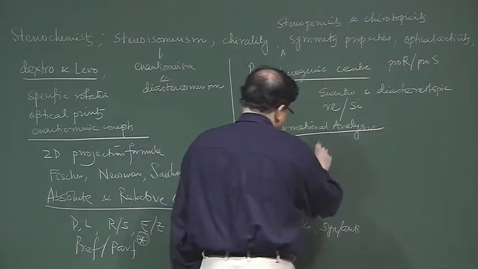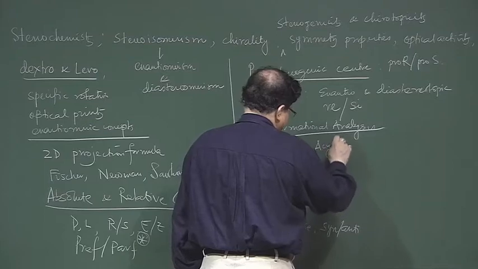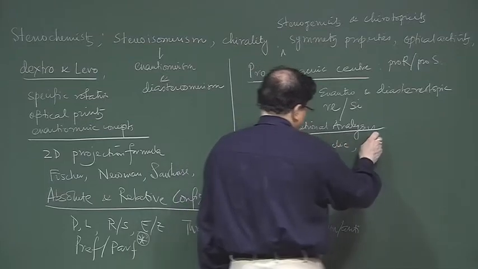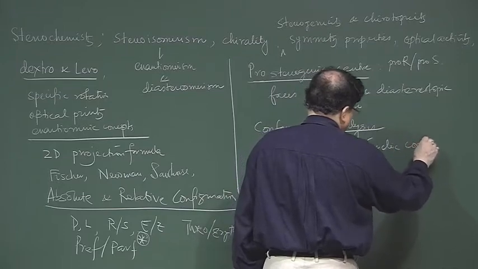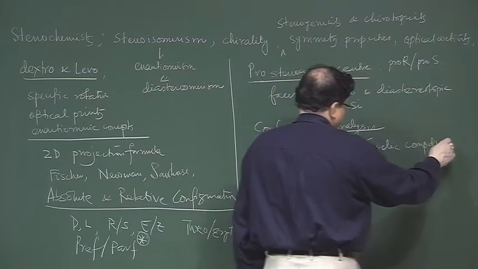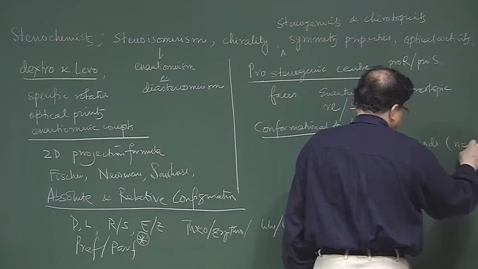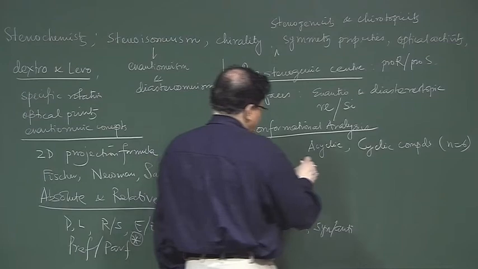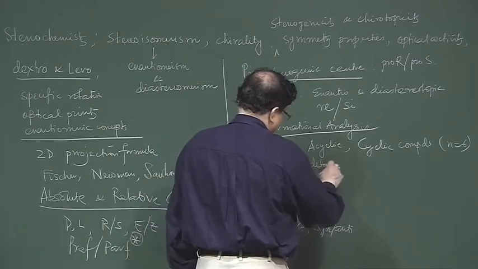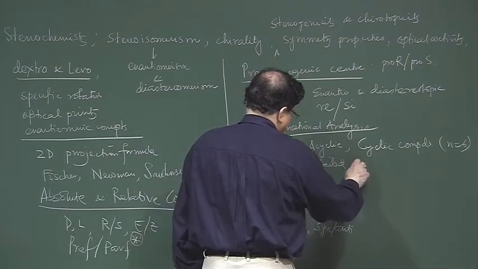We first covered the cyclic compounds, the cyclic compounds up to n equal to 6, that means cyclohexane. Then we have specifically done the detailed analysis of cyclohexane.